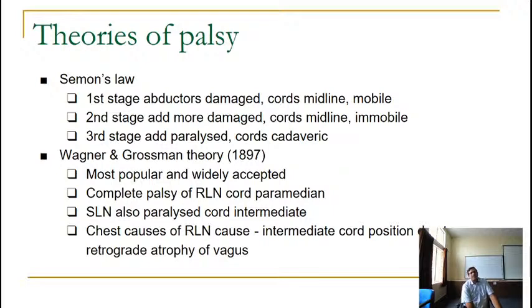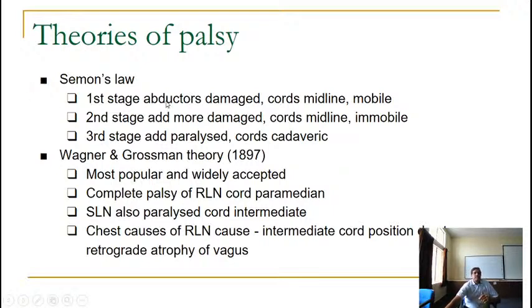One is the Semon's law, which says that in the first stage, you have both the abductors and adductors, all of them supplied by the recurrent nerve, supplied by the vagus nerve.